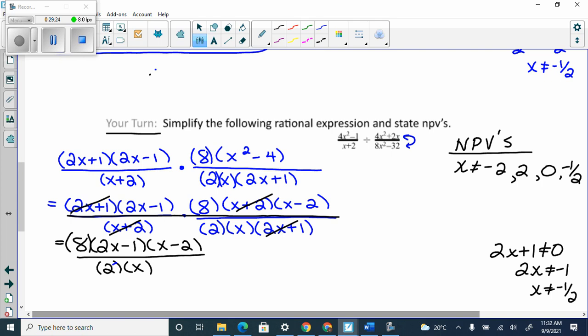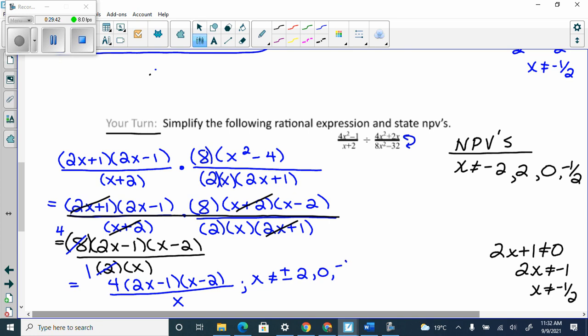Now the 8 and the 2 I can take a 2 out of, so that's a 1. 8 divided by 2 is 4. So I'm going to get 4, 2x minus 1, x minus 2, over x. And then x can't equal plus or minus 2, 0, and negative a half.